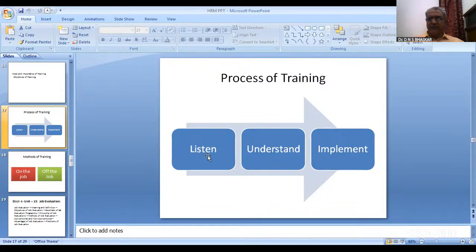Instead of giving just the lecture method, we will come again to what the methods of training are. Instead of just a lecture method, we can go for better practices like using audio-visual aids and giving a case study and asking them to analyze, and all these aspects will be helpful to them. Then evaluating the training program is another one.